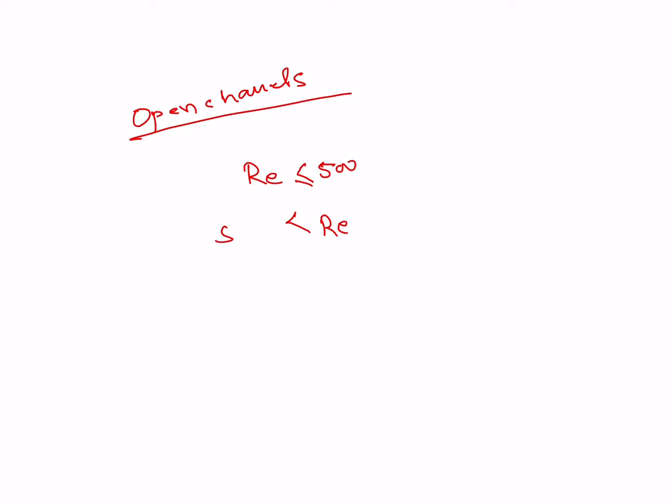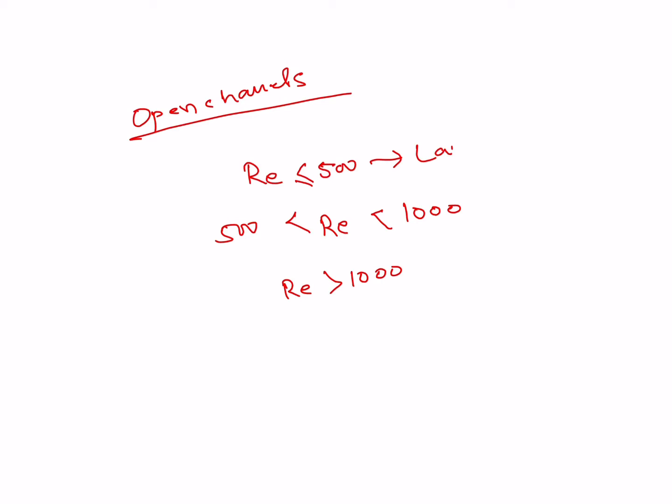And in case of open channel flow, this is also important: Reynolds number less than 500, R greater than 500 and less than 1000, R greater than 1000.